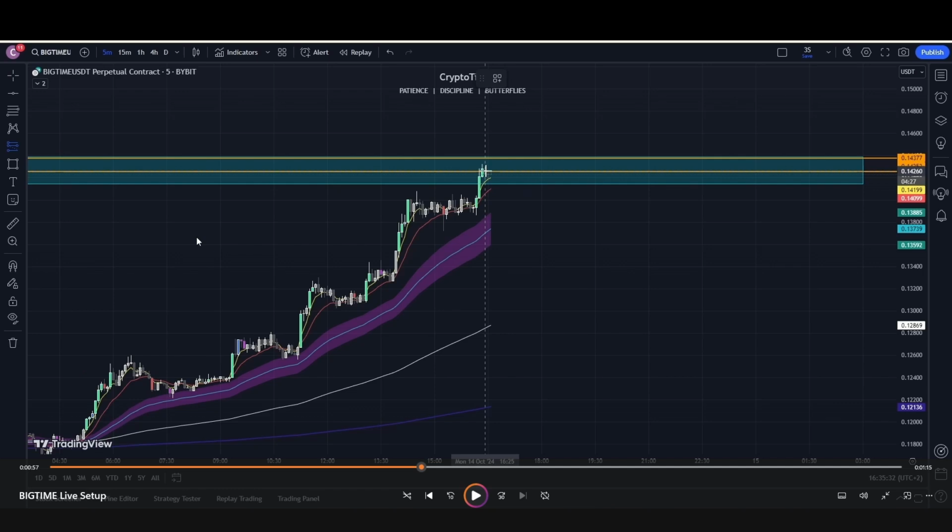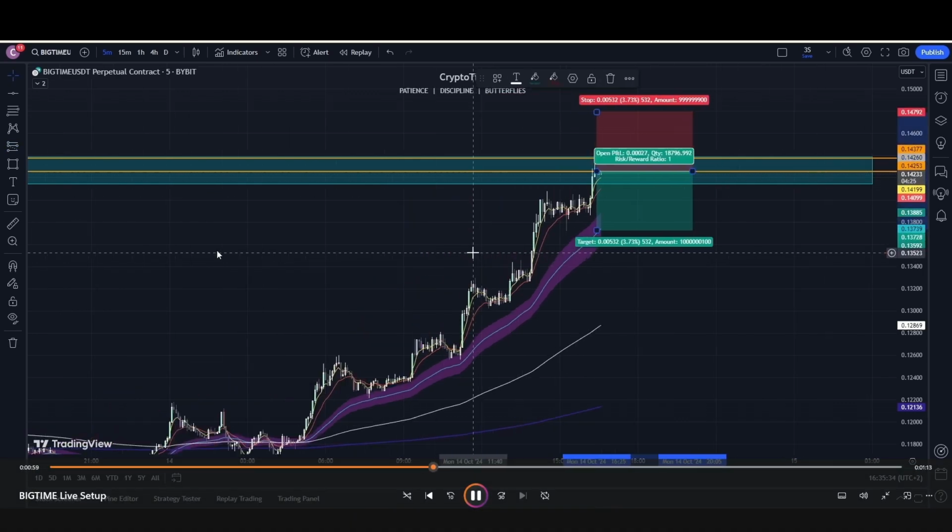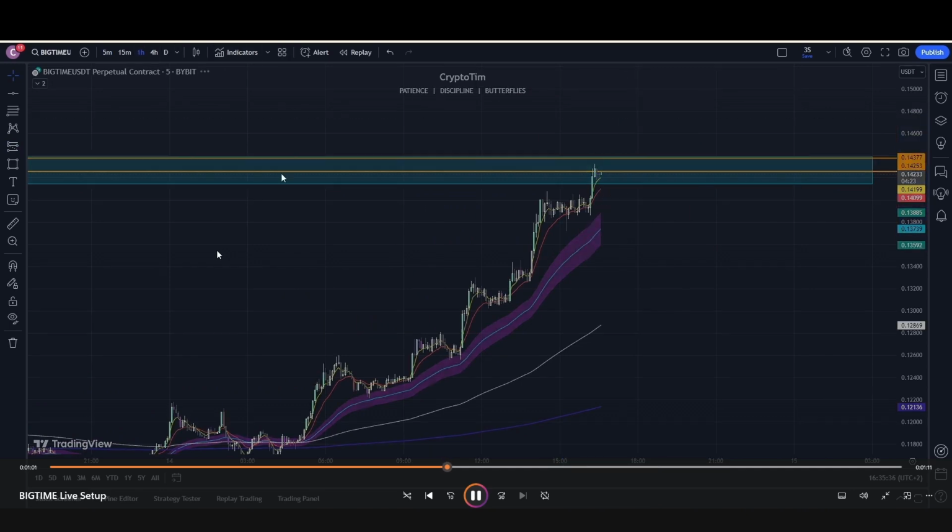On the 15-minute time frame, these were our last vectors to be recovered. And again, on the 5-minute time frame, there's also some vector action happening in this blue box, or fair value gap, from the 1 hour time frame. So I'm interested in a short position here.